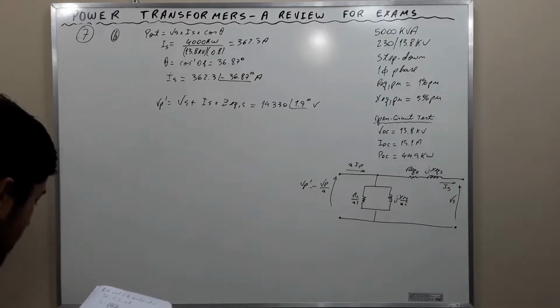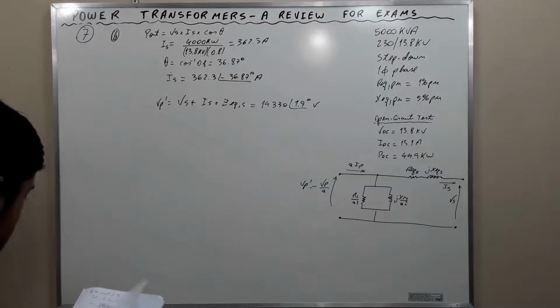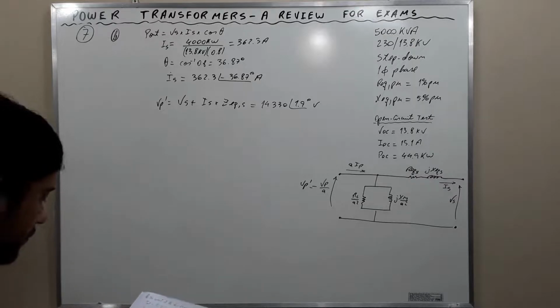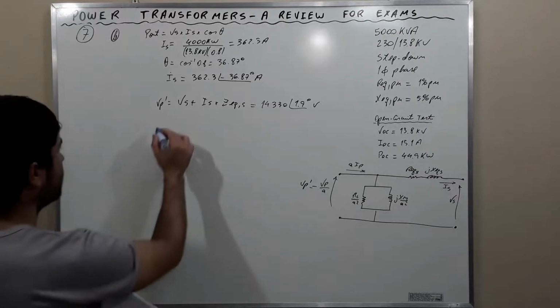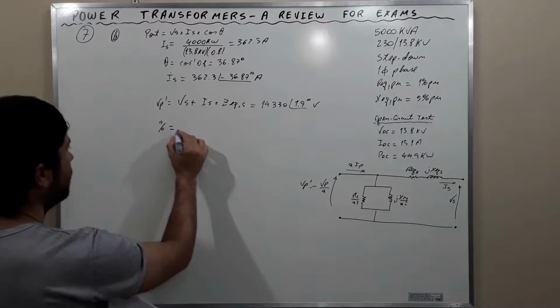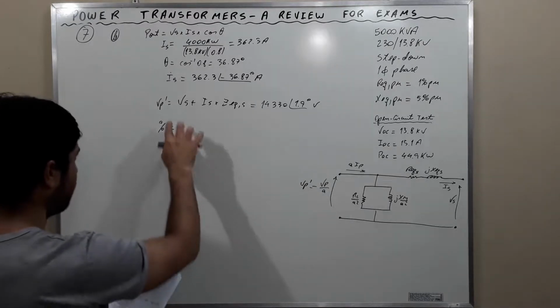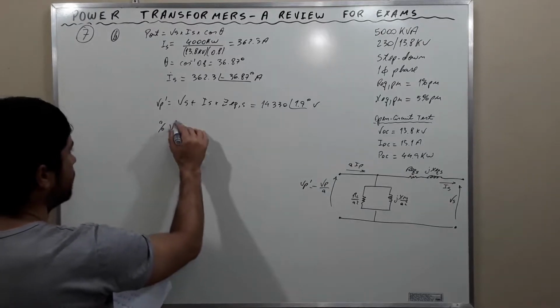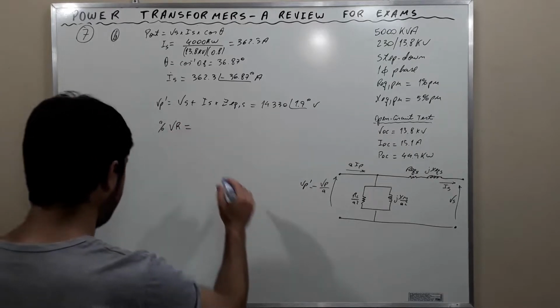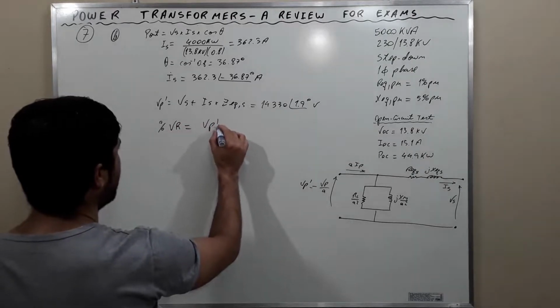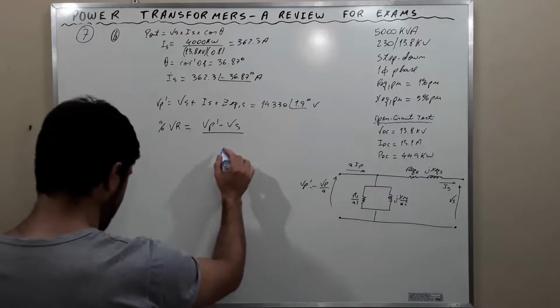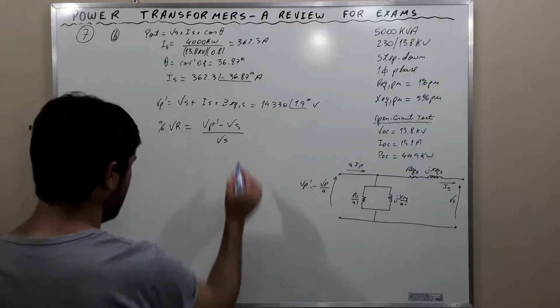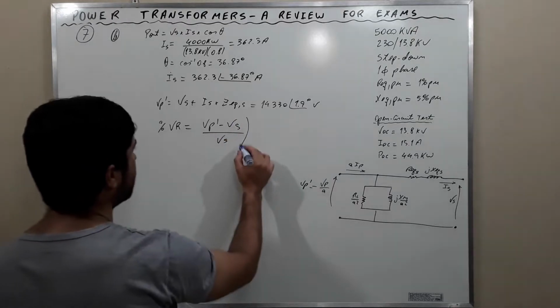And to finish we calculate the regulation. The voltage regulation is going to be the percentage regulation. Voltage regulation is going to be Vp prime minus Vs divided by Vs, times 100.